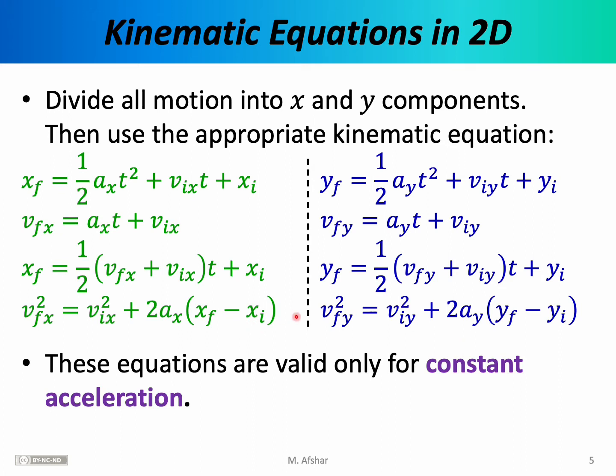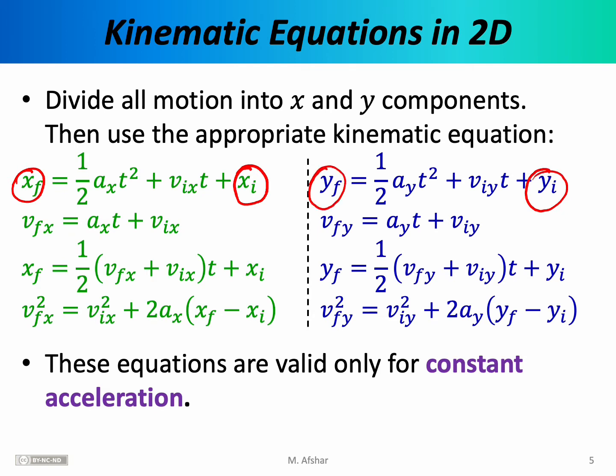Notice that the equations on the left and the equations on the right are essentially identical. Mathematically, they are identical. However, the variable names have been changed somewhat. On the left, we have the initial x-coordinate and the final x-coordinate, whereas on the right, we have the initial y-coordinate and the final y-coordinate.